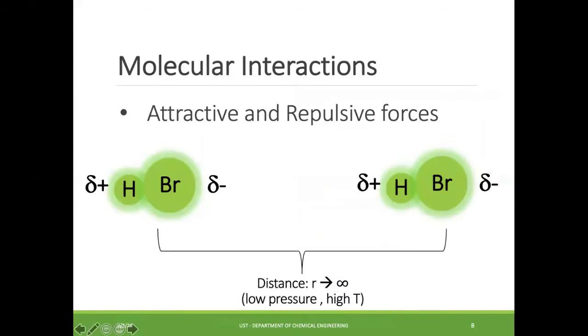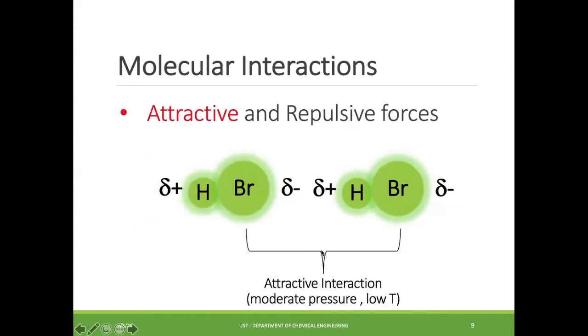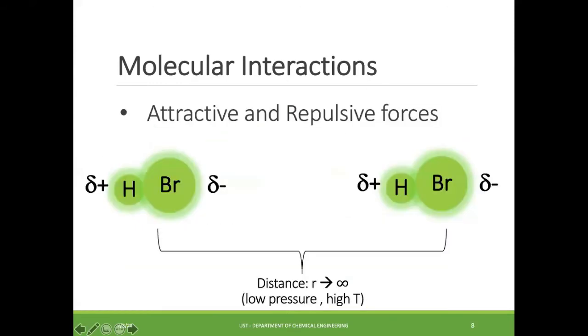Now, considering the molecular interactions, let's say first we have an HBr molecule, which is a polar molecule. So we have dipole-dipole interactions between the partially positive and partially negative ends. Now, if the distance is very large, at low pressure and high temperature, there's no interaction between the two.